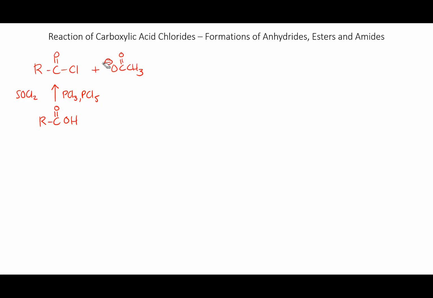So if we react the acid chloride with a carboxylate, where did the carboxylate come from? It came from another carboxylic acid reacted with something like hydroxide or maybe bicarbonate. So we deprotonate it to form the carboxylate salt.